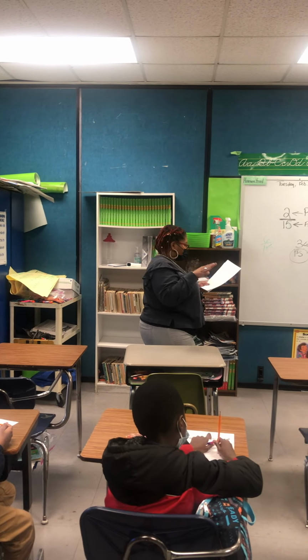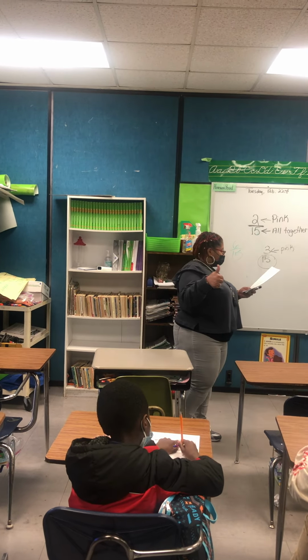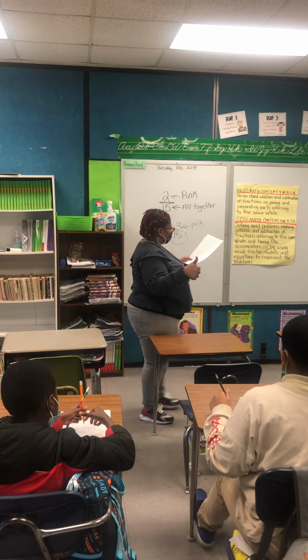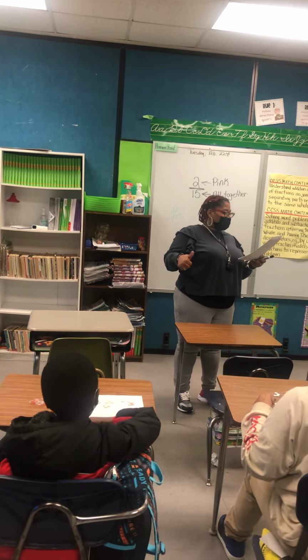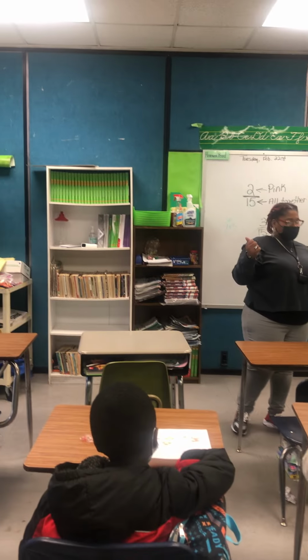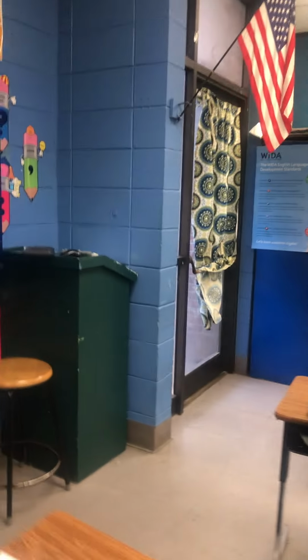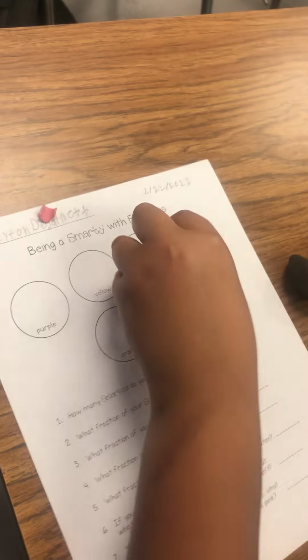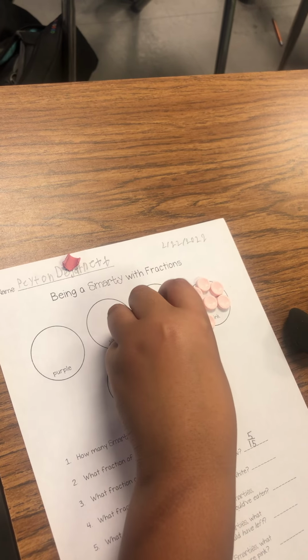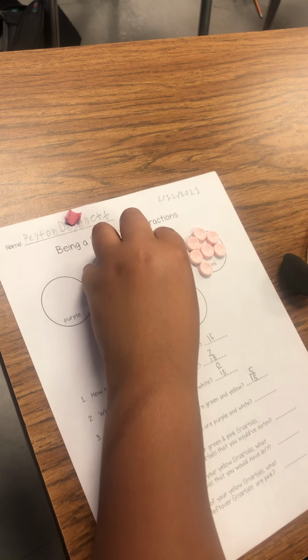We're going to add. Okay, so first you need to find out how many green you have and put them in the green circle. And then find out how many yellow you have and put them in the yellow circle. If you have a green and a yellow, then go ahead and do that, and then we're going to put that on the board.